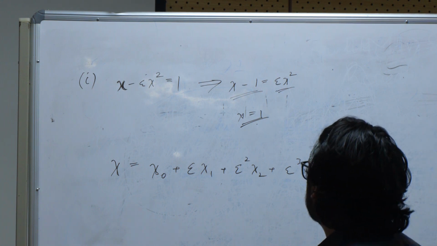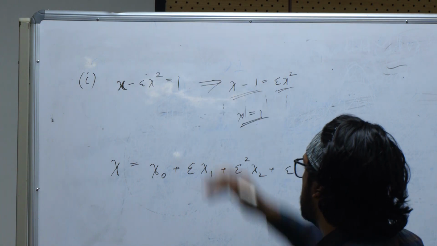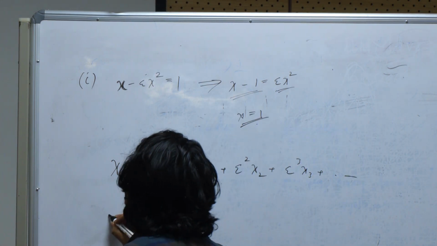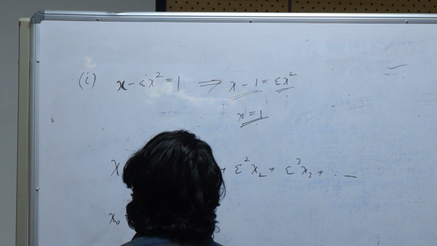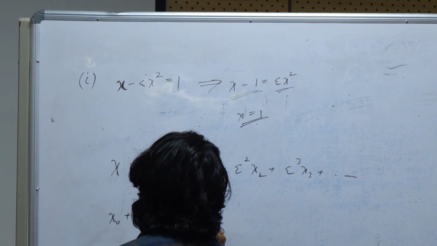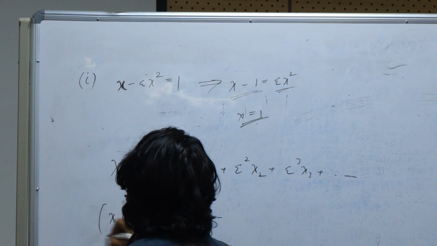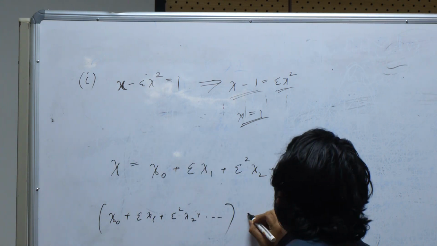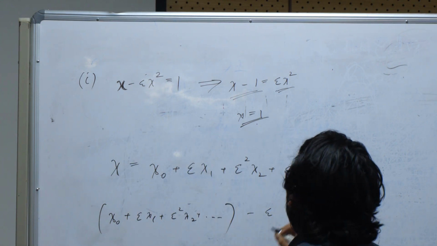To do this, we just substitute the expansion in the main equation. So we have x naught plus epsilon x1 plus epsilon square x2 and so on, minus epsilon x square now.